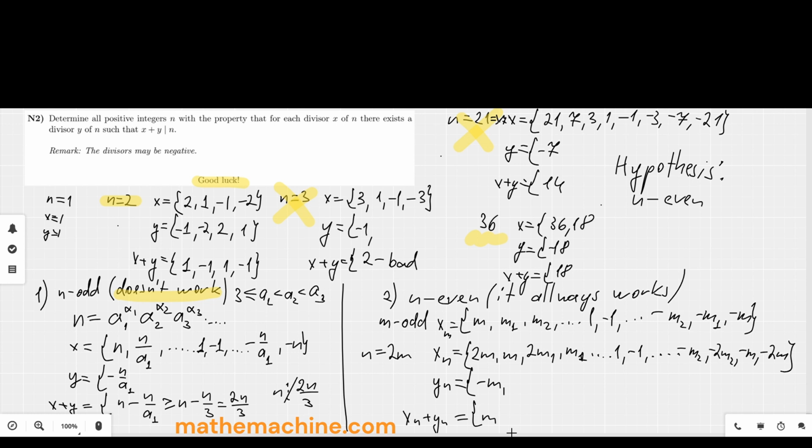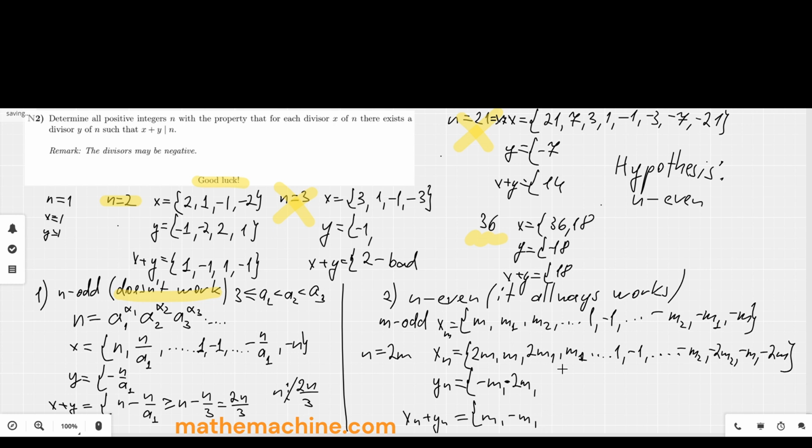And for the next one, just like we did before, let us take minus 2m, and adding them together gives us minus m.